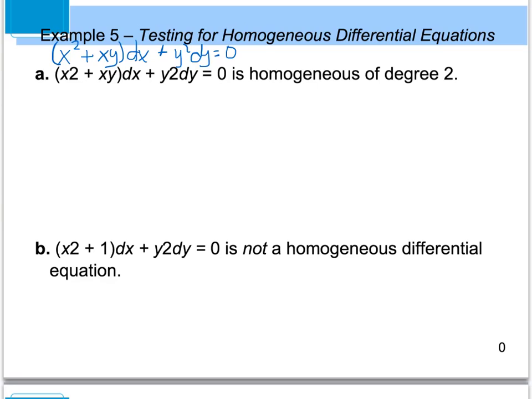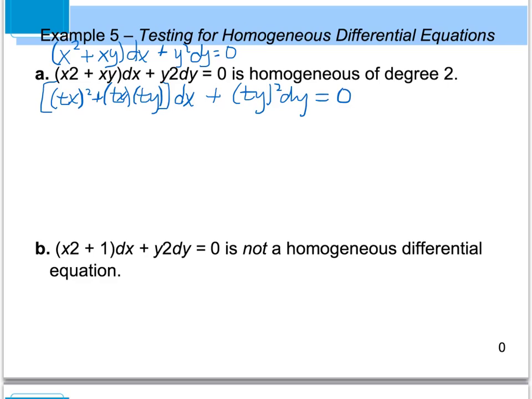So let's go ahead and replace all of our x's with tx. So I get (tx) squared plus tx times ty, this is all times dx, plus (ty) squared dy, and this is all set equal to 0.